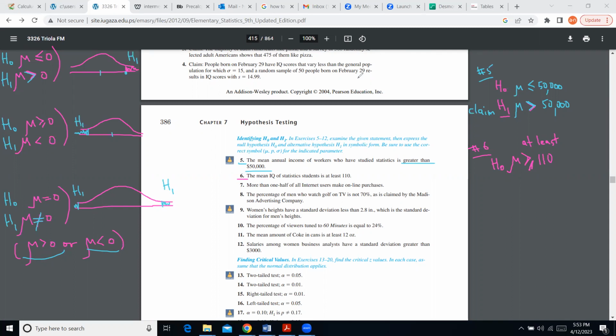And similarly with exercise 6, H1 is going to be the opposite to greater, which is less than, and there is no equal because it's already taken by the greater. So please notice that your claim could be either in H0 or in H1.